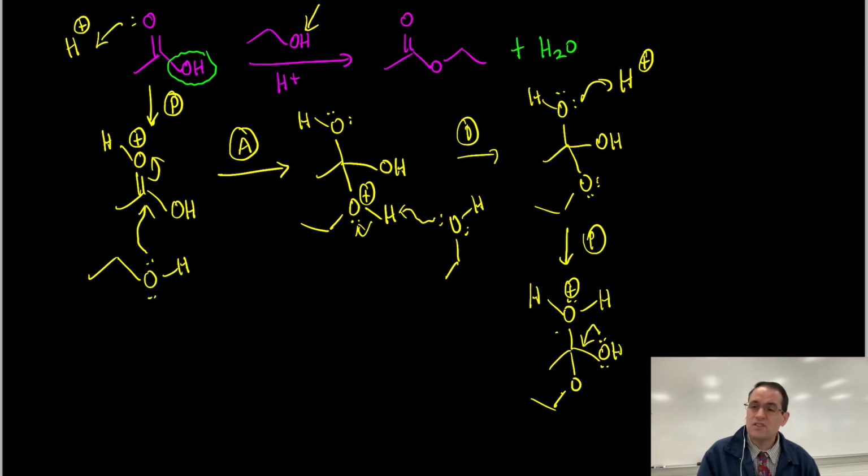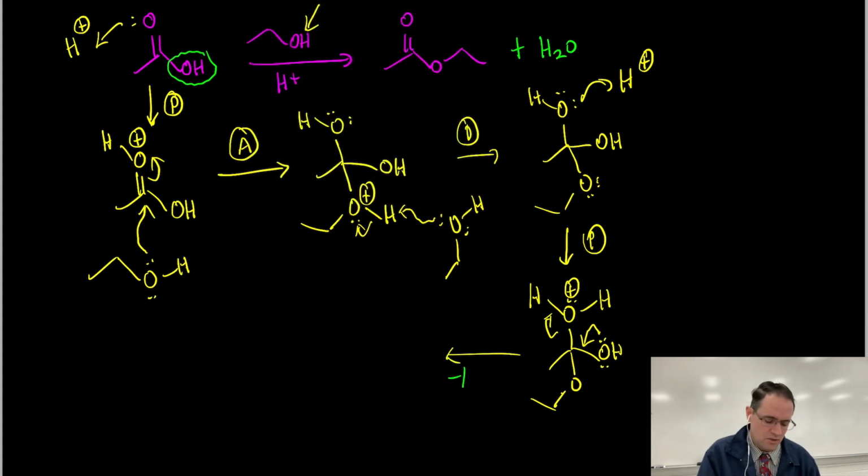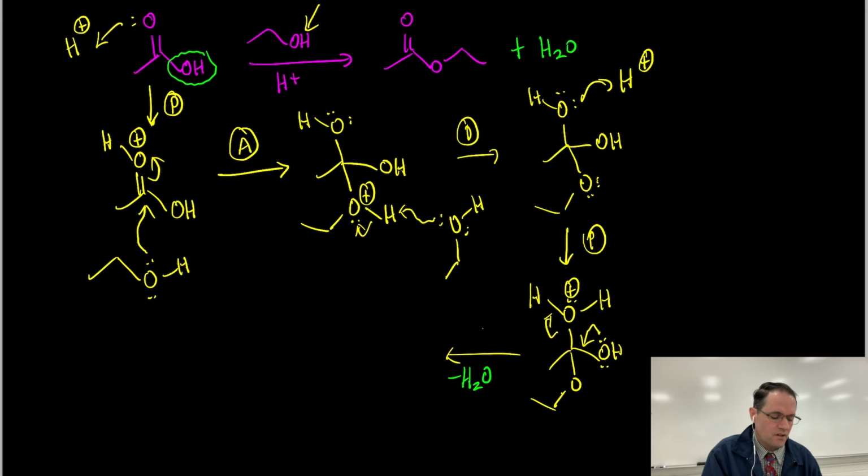So we want to use lone pairs, either of these two oxygen atoms. I like to use the OH group here, and we'll kick off water. So under this arrow, I'm just going to write minus H2O to remind myself that water is being expelled in that step.